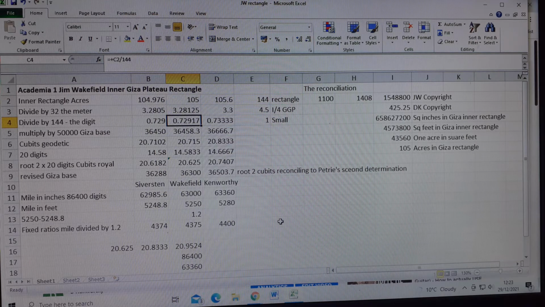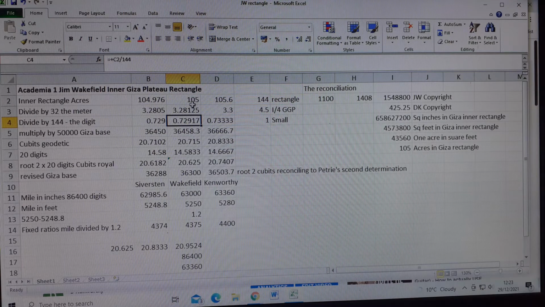So we can look at the digits that we need to arrive at to get to Harry Sivertson's figures, to get to Jim's figures, and to get the figures that I've been using in my analysis of the Giza Pyramid.